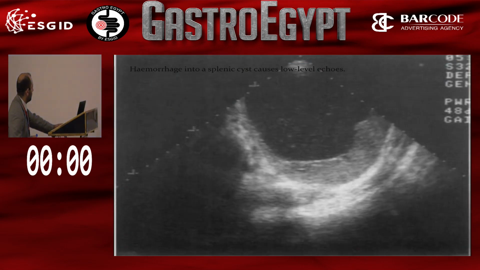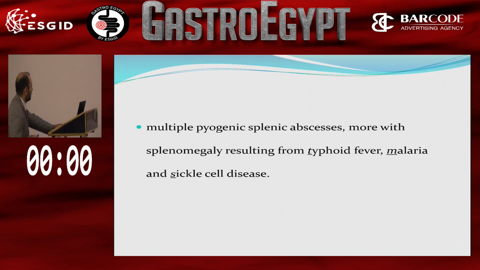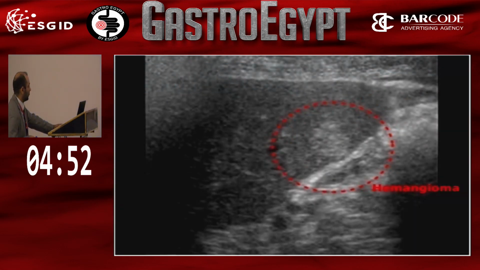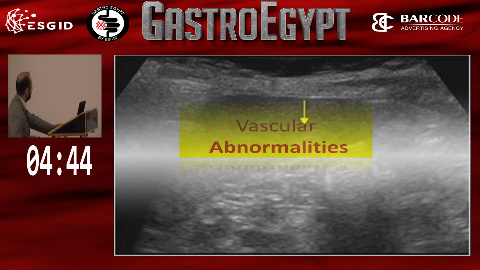I may see a cystic lesion with turbid content, likely abscess. Multiple pyogenic abscesses may be seen in typhoid fever, malaria, sickle cell anemia. As I also said, an echogenic lesion is probably benign: splenic hemangioma, liver hemangioma, angiomyolipoma in the kidney. This is also hemangioma.